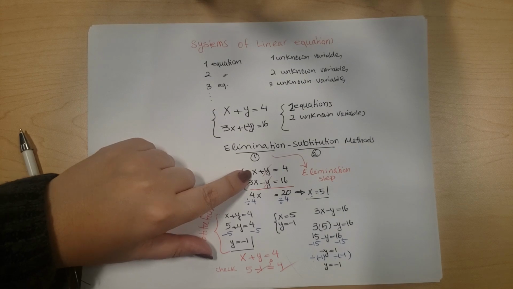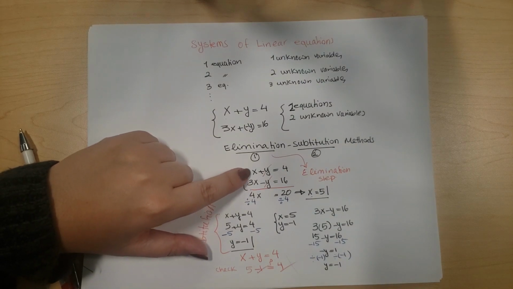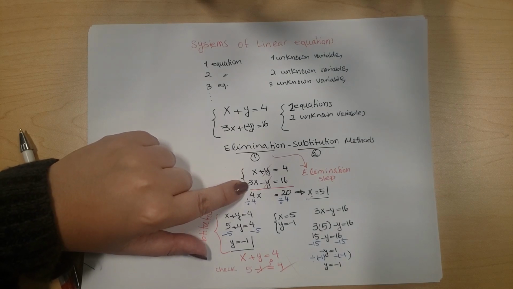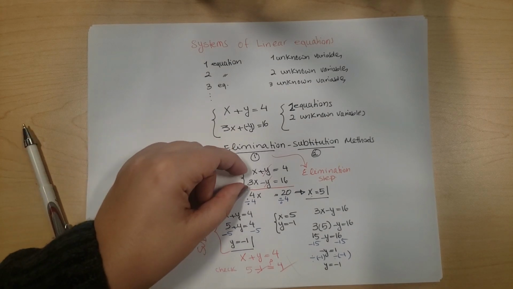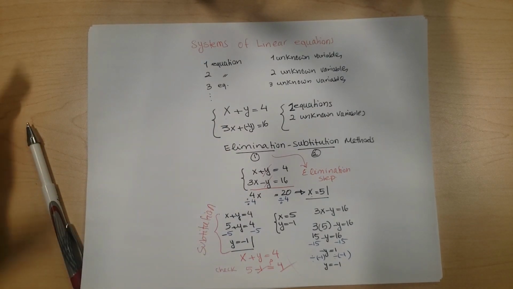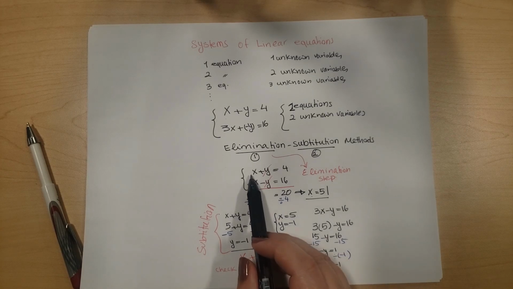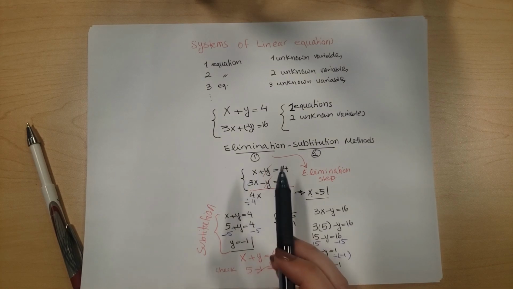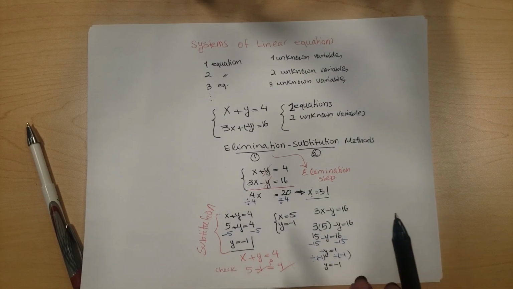Here, if I want to eliminate the x, the number in front is 1, and the number in front of the other x is 3. So if I add them together, they wouldn't cancel out. To cancel them out and get rid of the x, this should be -3, which means I have to multiply it by -3. I will explain that in my next video.